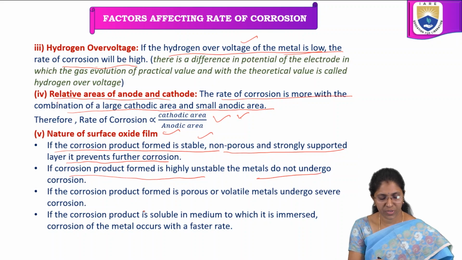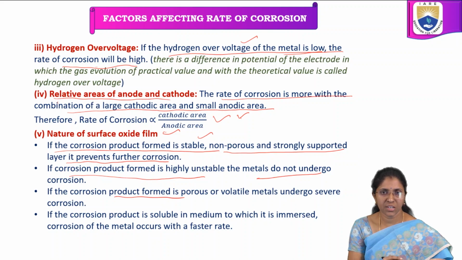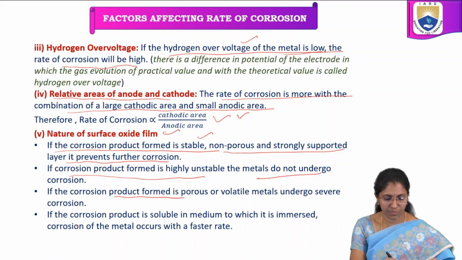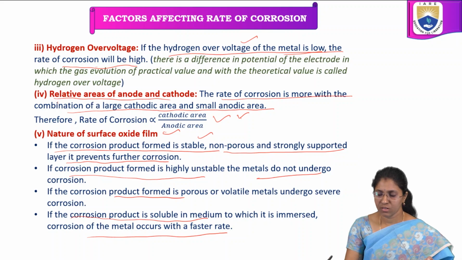If the product formed is volatile, the metal undergoes severe corrosion until the metal is completely destroyed. If the corrosion product is soluble in the medium to which it is immersed, corrosion of the metal occurs at a faster rate.